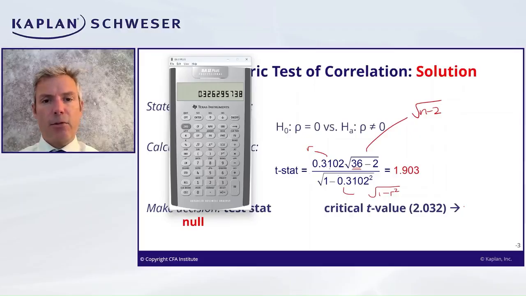Now all I need to do is multiply by the root of 34. So I'll multiply by 34 root, equals, and there you go, 1.903. You might find that useful. That might speed you up a little bit when you look at the calculator.